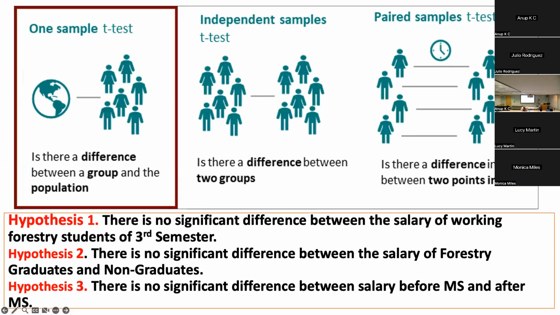You will go for a t-test if the dependent variable is continuous while the independent variable is a grouping or categorical value. So always you will go for a t-test if one variable is continuous and the other variable is a nominal or grouping variable.